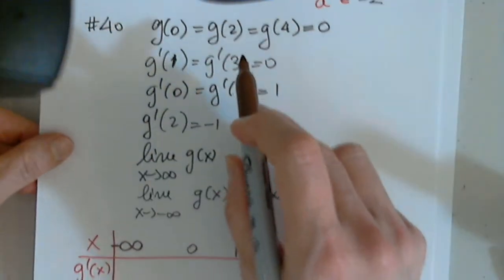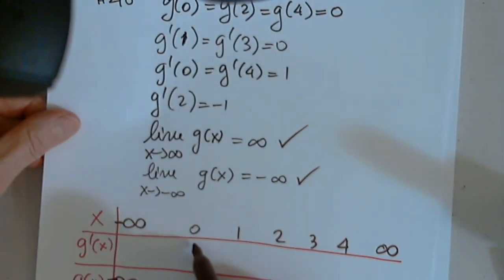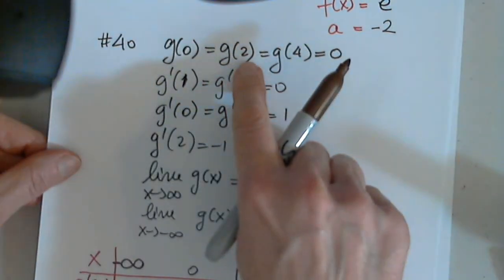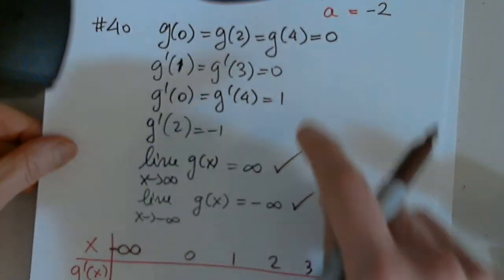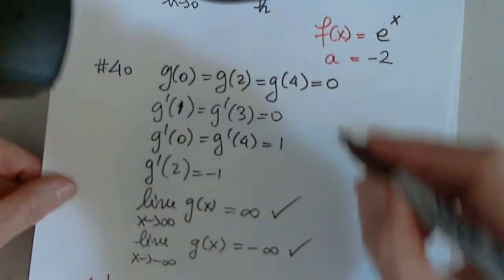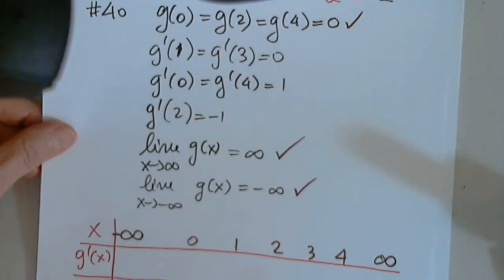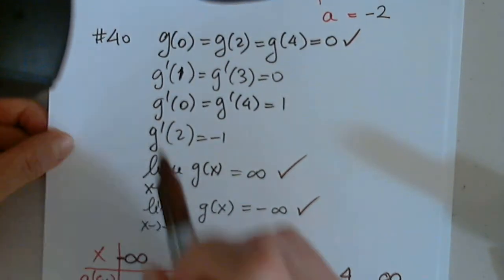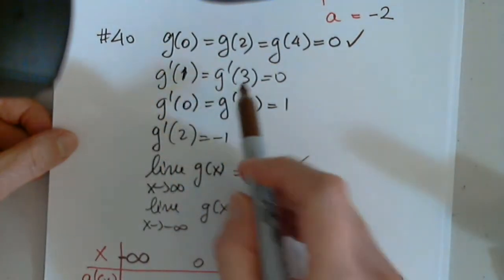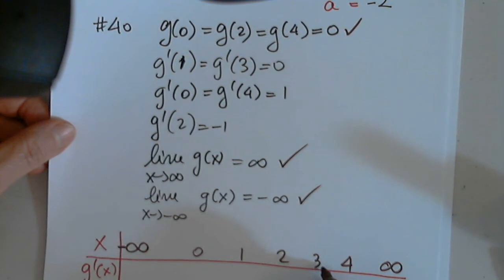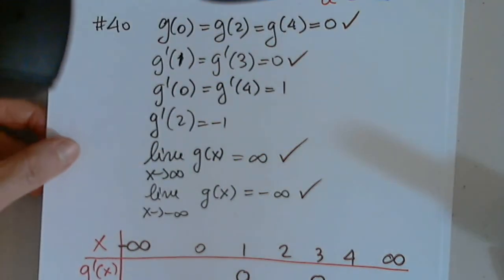G of 0 is 0. G of 2 is 0. G of 4 is 0. This is accounted for. Now the derivatives. G prime of 1 and 3 are 0. Accounted for.